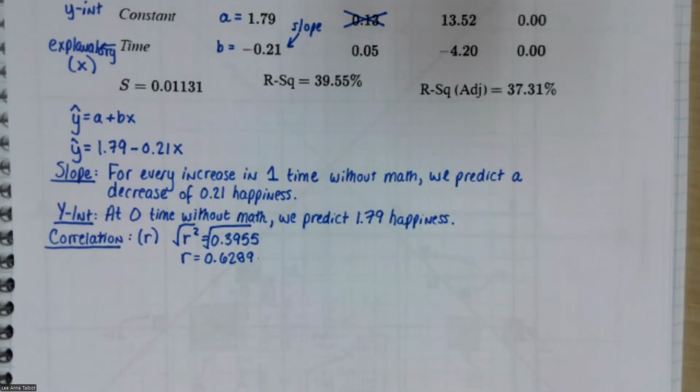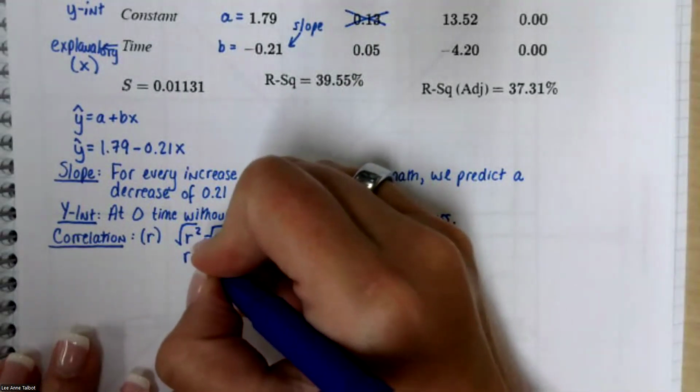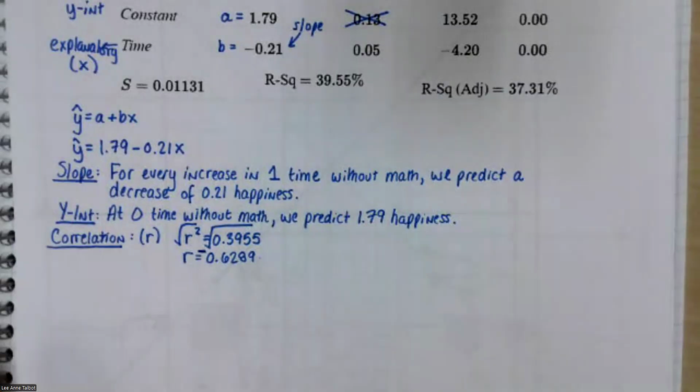Which one would this be? Negative, right? Because the slope is negative. Because it's going downhill, and we said that it was decreasing, then you know that it's negative. So you're actually going to have that moment of thought where you throw that in.